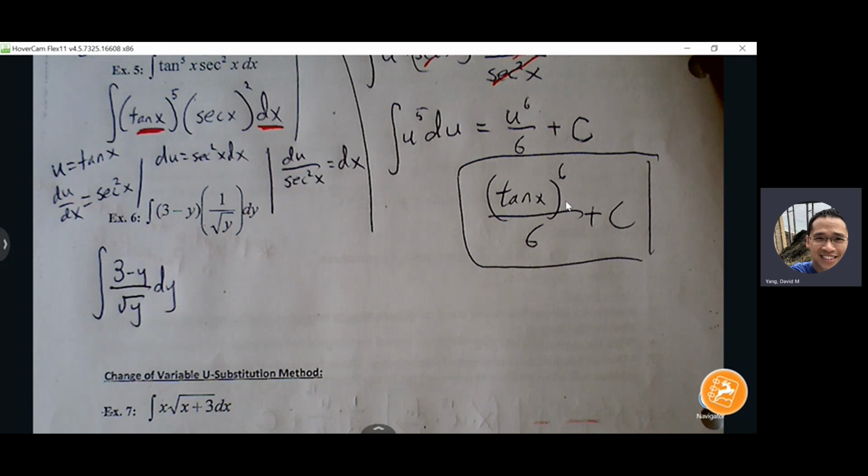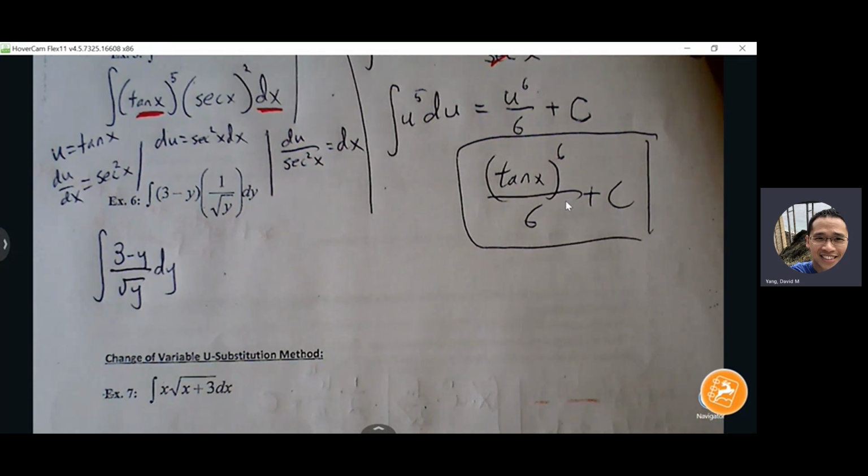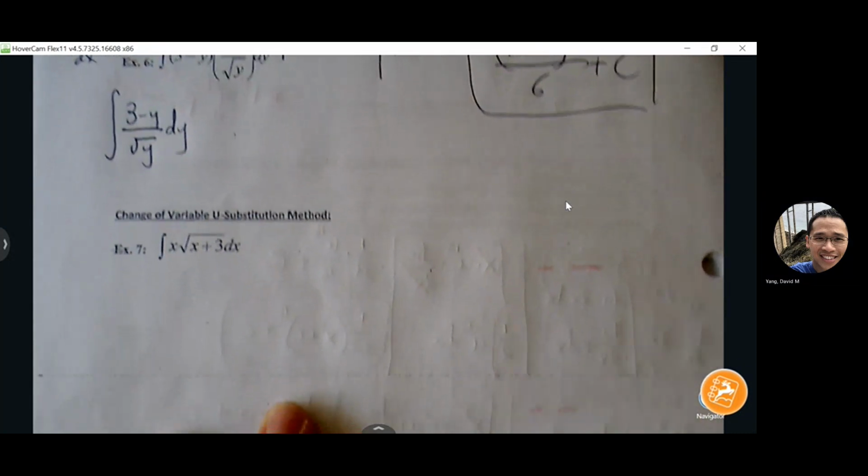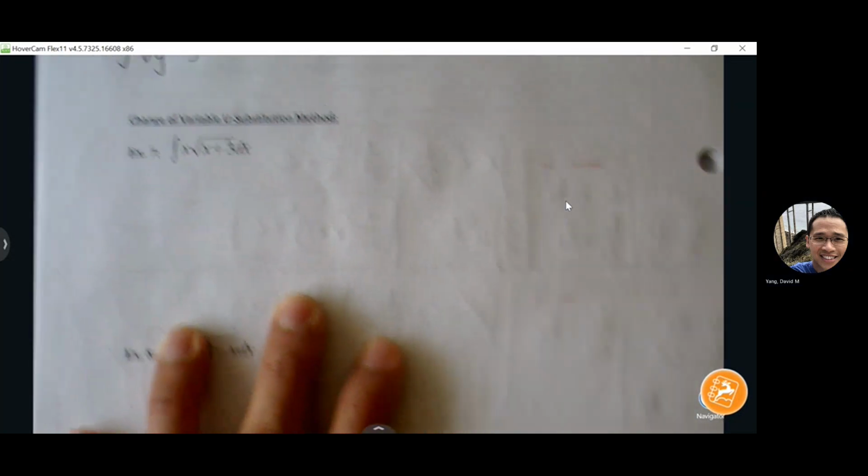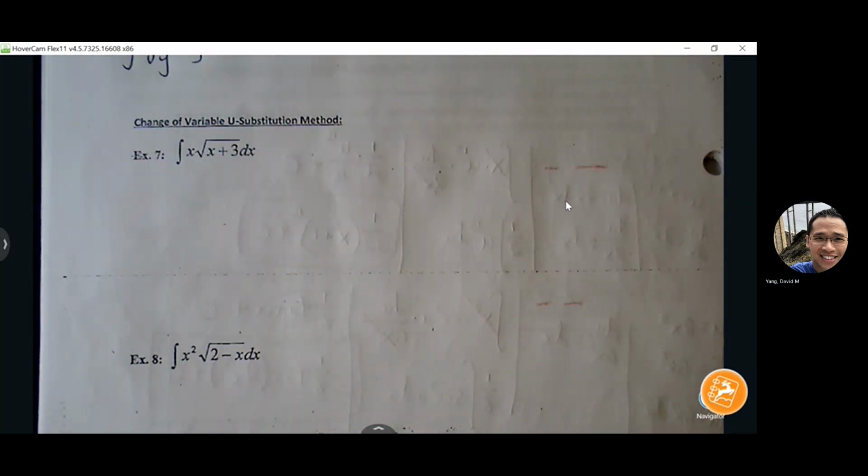Okay, so example 7, we're going to run into a bit of a roadblock, but let's see if we can reason our way through and find a workaround with this roadblock that we're going to see.